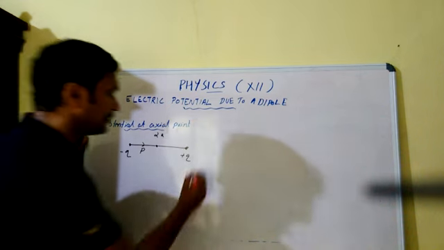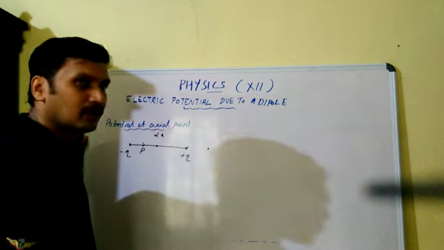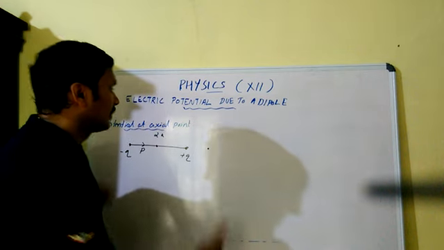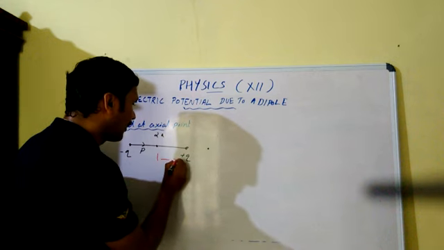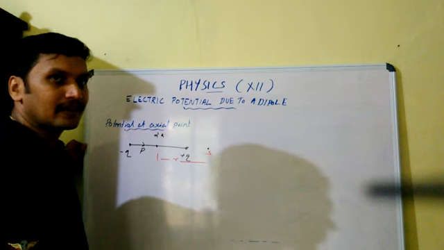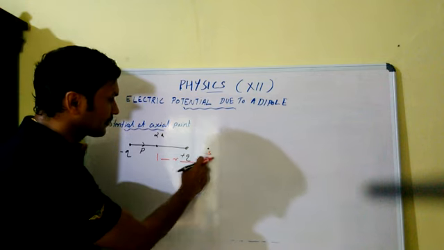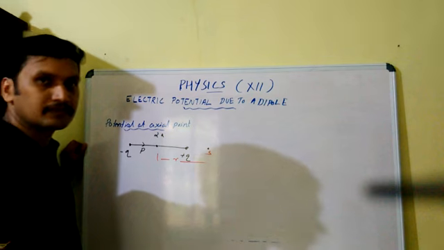First, we are finding the electric potential due to this dipole at a point on its axial line, which is at a distance r from the center of the dipole. Consider a point S which is at a distance r from the center of the dipole.